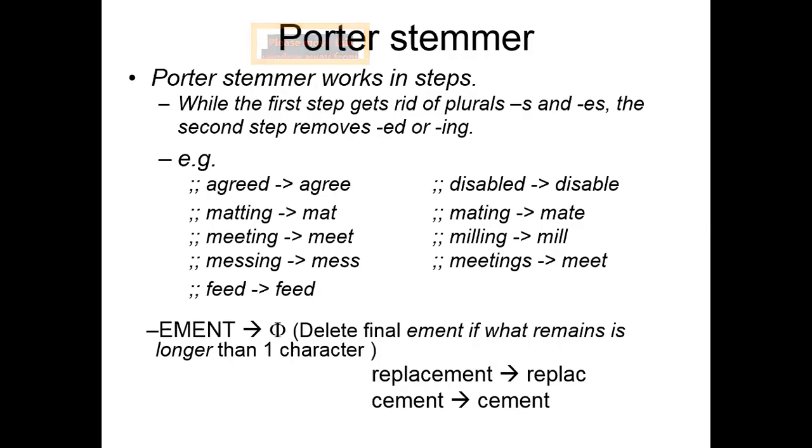But nowadays, again, if the suffix is greater than the remaining base word, it's better not to remove it unless the base word has a meaning in our dictionary. Like EMENT is a suffix frequently added.